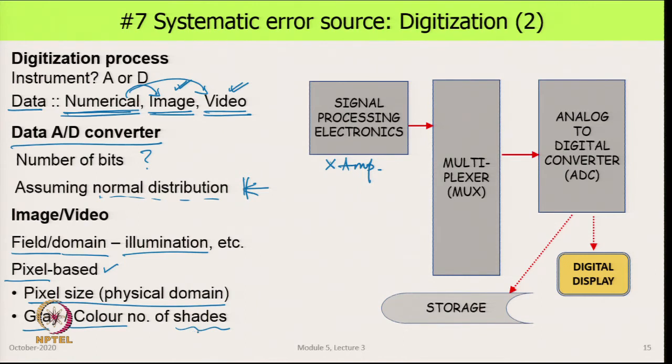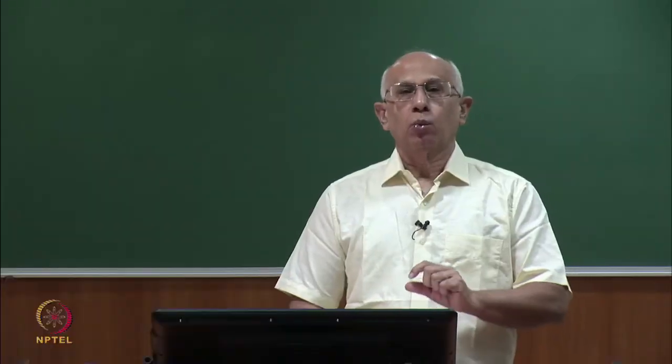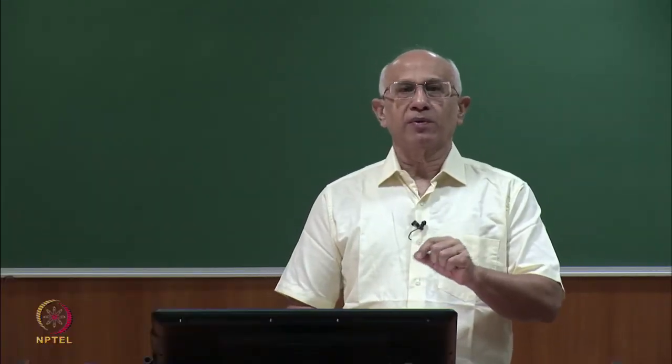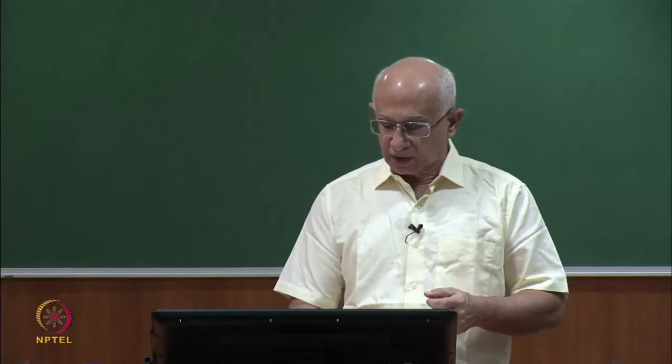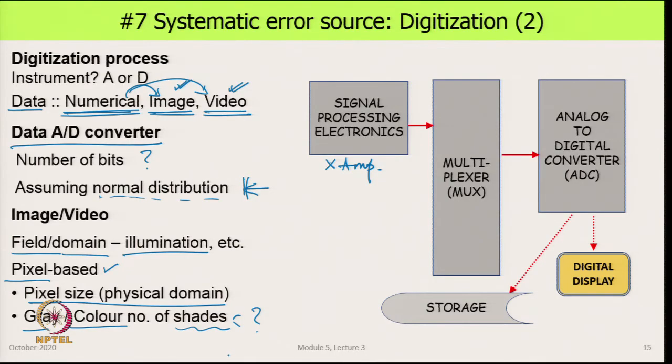Well, that is nice to see on what happens to a television or a cell phone camera. For image analysis purposes, we have to look at what is the difference between those two shades and how does that affect our quantification of data. So, that is what this is about.